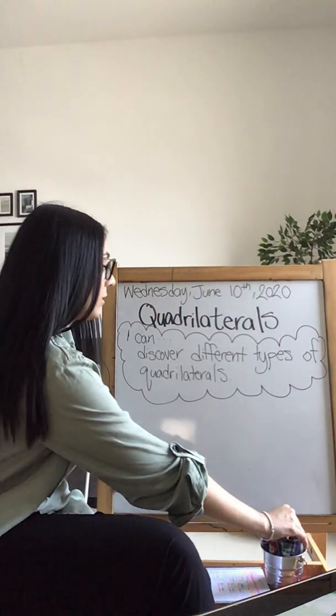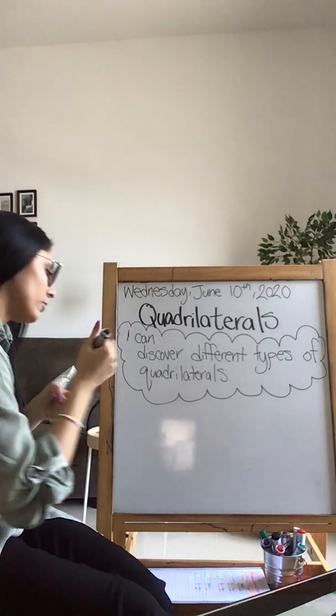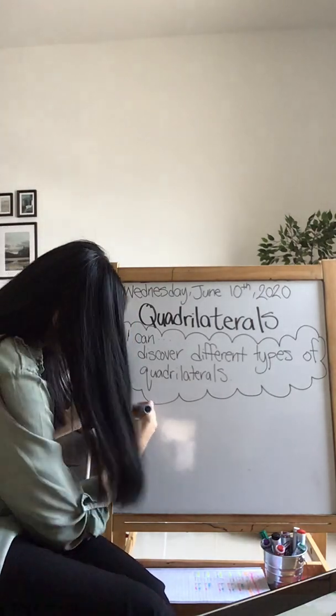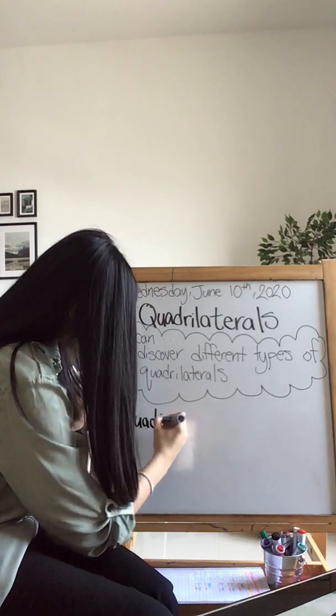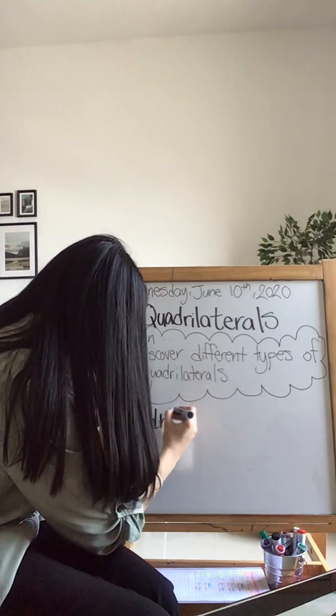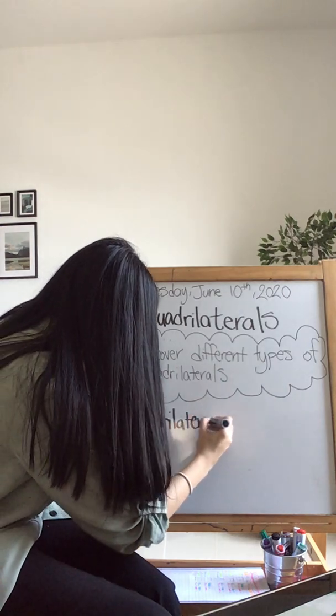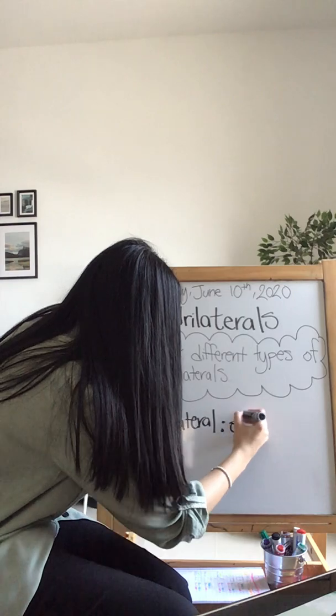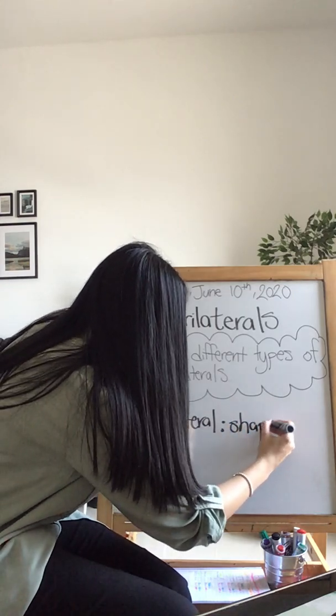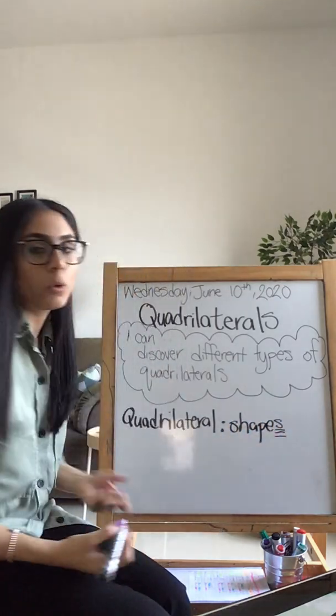Okay. Quadrilaterals are shapes, and please make sure you put plural because there's more than one quadrilateral shape.